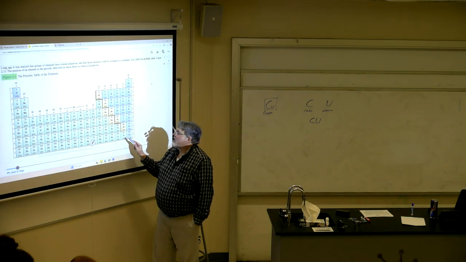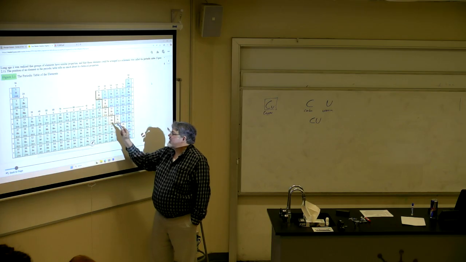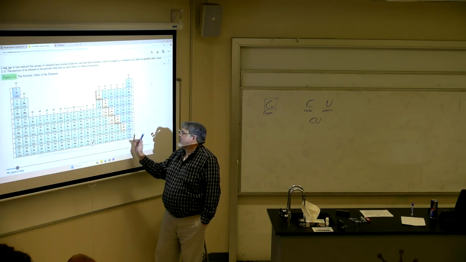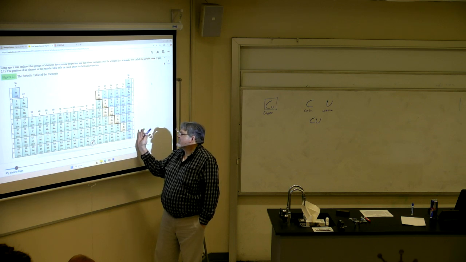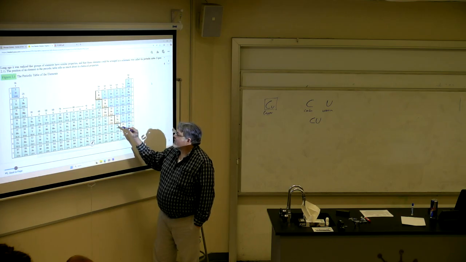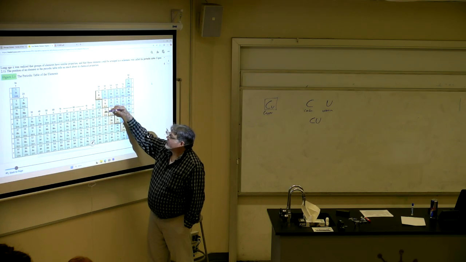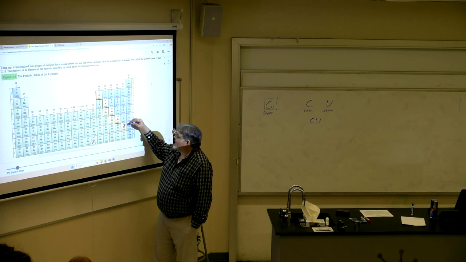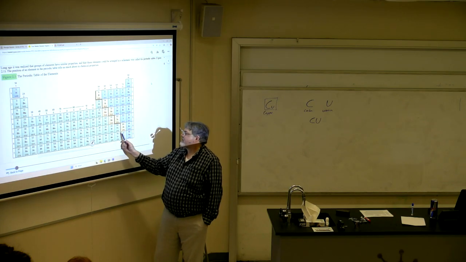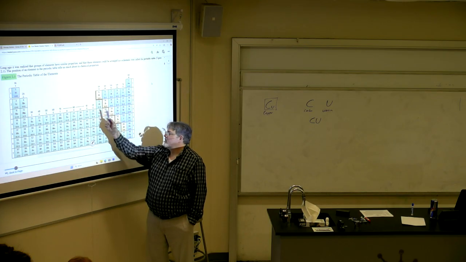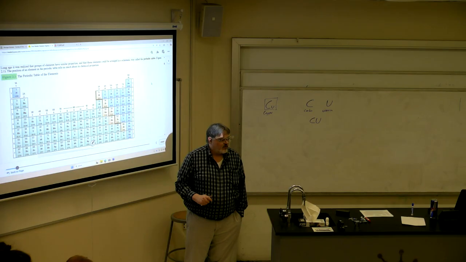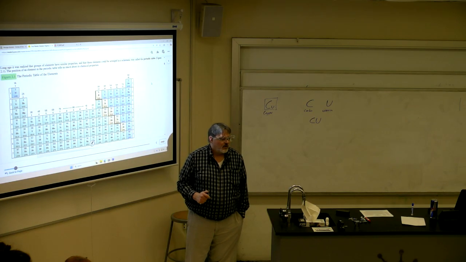A quick way to use your chart, I think this stair step is on there. But if you think of a stair step going all the way down to here, you ignore the two on the bottom, the one on the right is non-metal, TS is part of the metals. And then everywhere else, above and below the stair step, they're all metalloids, except for these, or really it stops here, so it's Al and Po, aluminum and polonium.